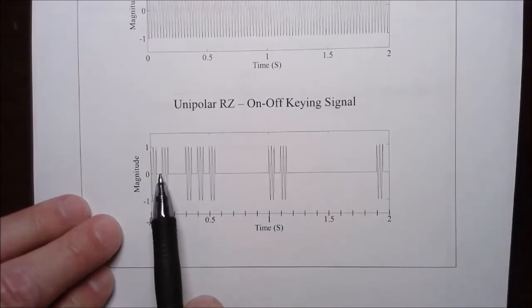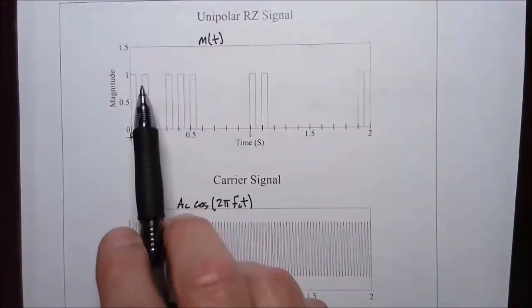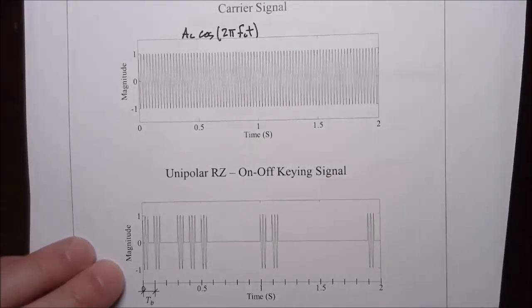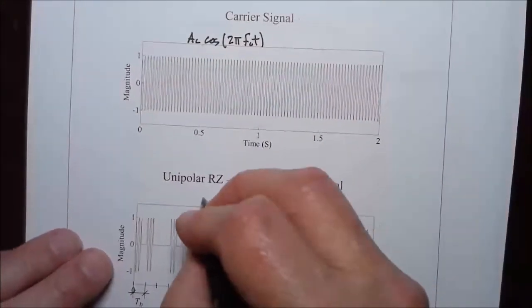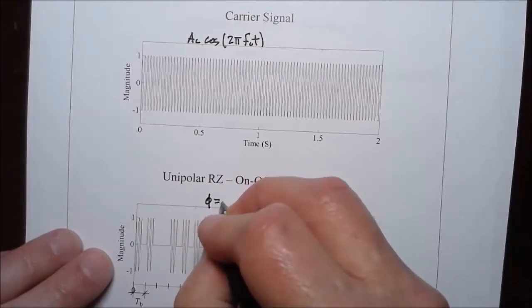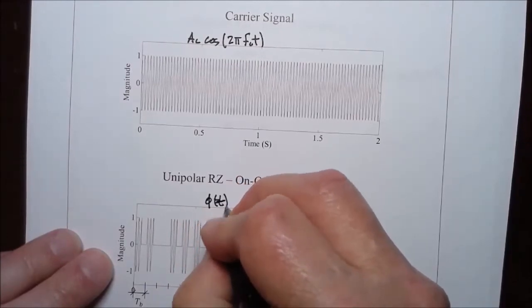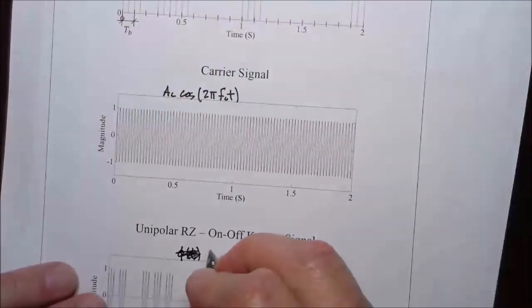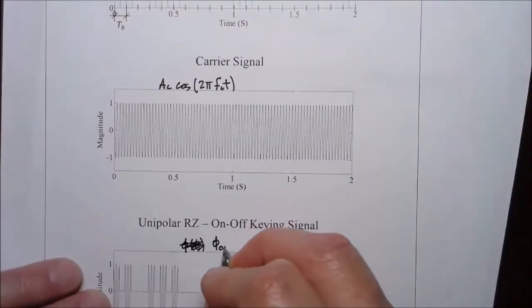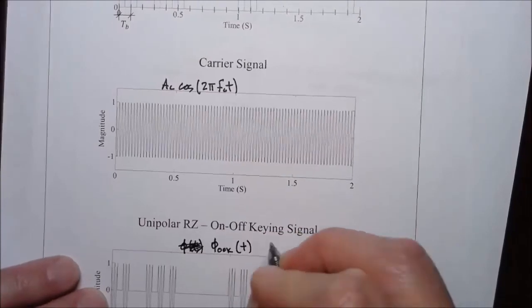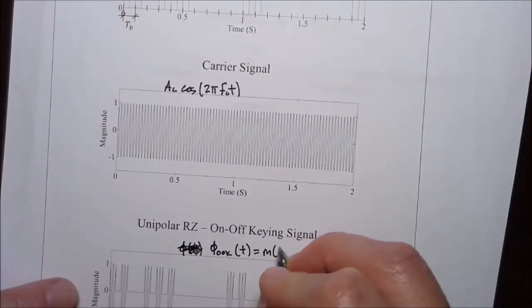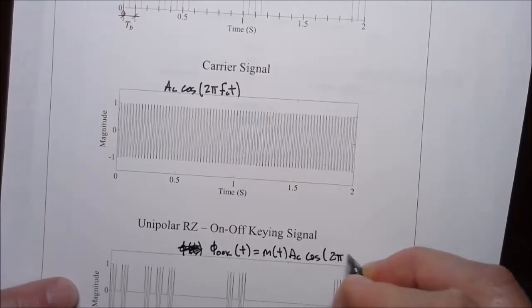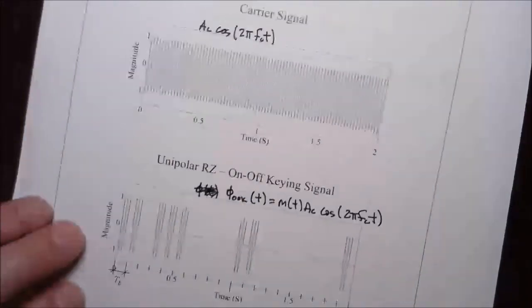The carrier switched on when the message signal is a 1. Carrier is switched off when the message signal is a 0. So this is the modulated signal, phi of t. Well, let me write it the way it shows here. Phi on-off key of t is equal to m of t times Ac cosine 2 pi fc t. Okay.